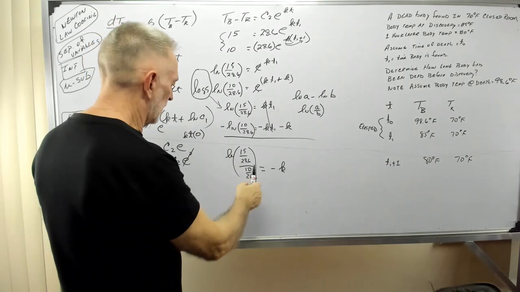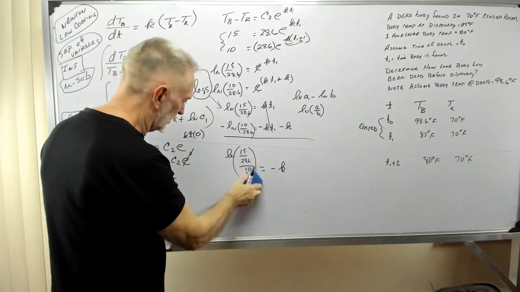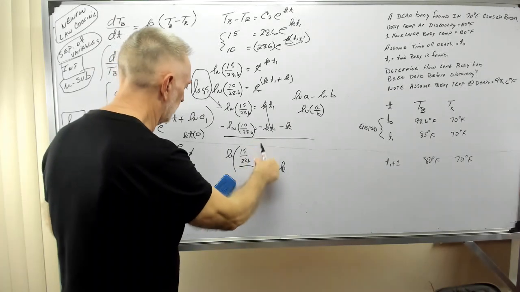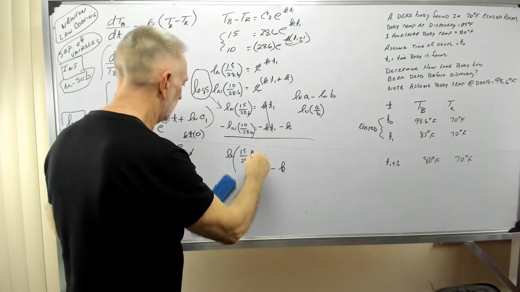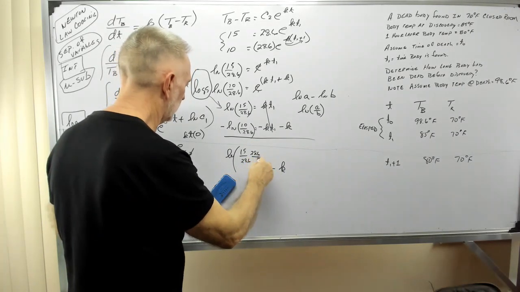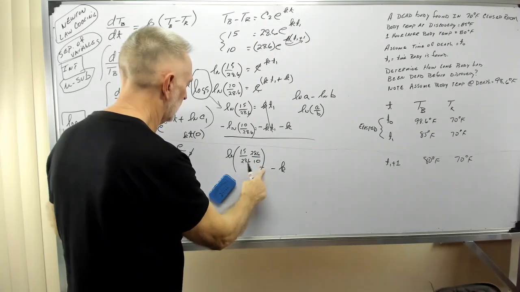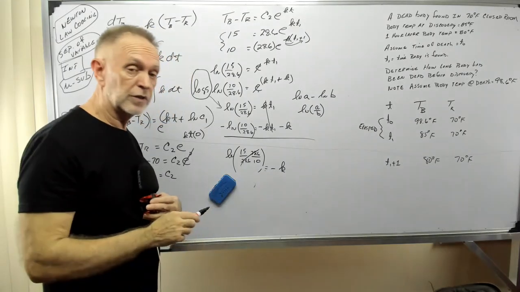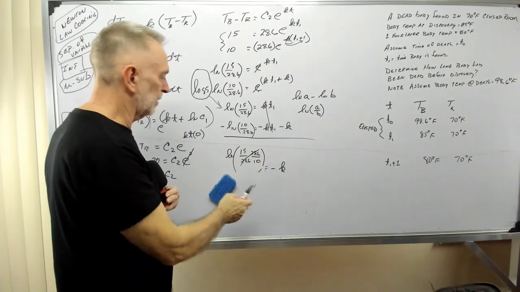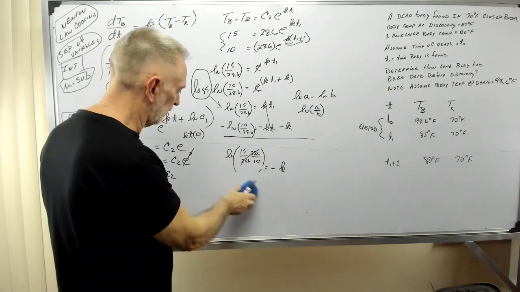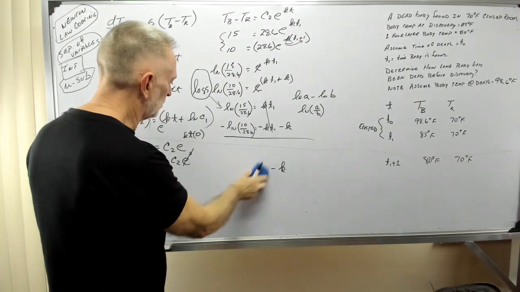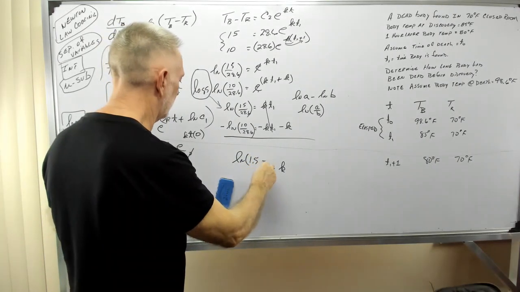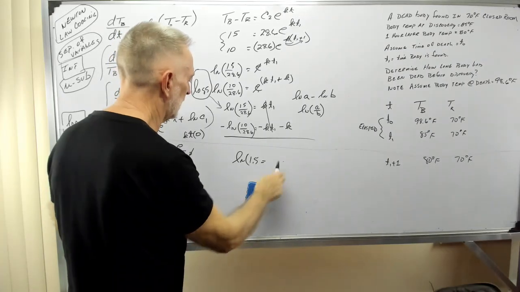Invert and multiply. If I do that, for the sake of space here, I end up with 28.6 over 10, and that equals minus k. 28.6 cancel, 15 divided by 10 is 1.5. So all this becomes the natural log of 1.5 equals minus k.